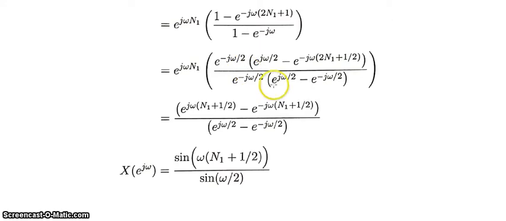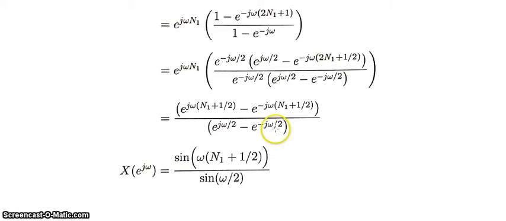So this e^{-jω/2} cancels, and the numerator term is going to be e^{jω(n1 plus 1/2)} minus e^{-jω(n1 plus 1/2)}, divided by e^{jω/2} minus e^{-jω/2}.